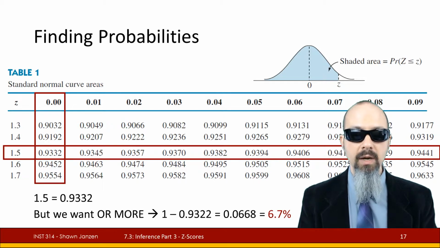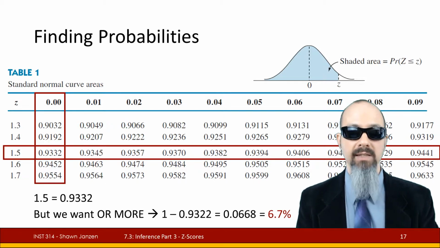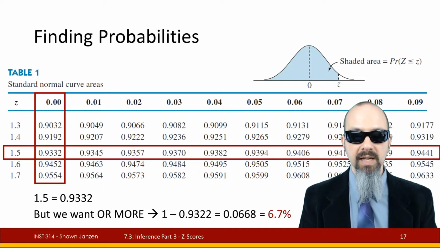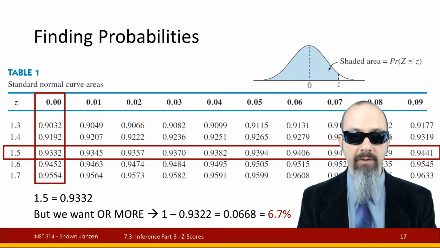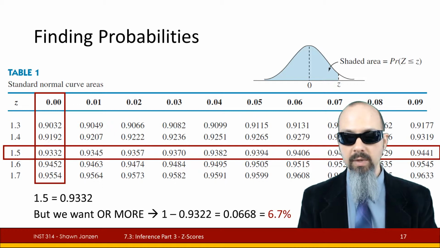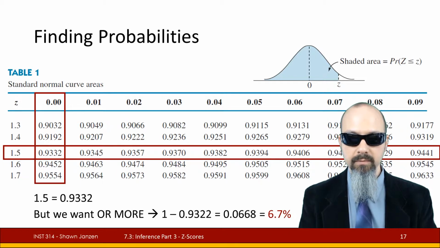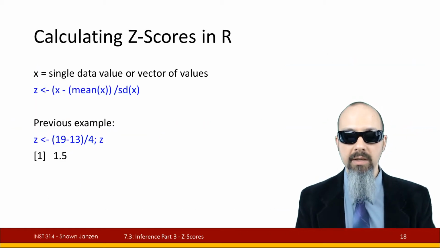So in that case, we want the probability on the right side of the curve that's not under the shaded region in the graphic here. We take 1, which is the maximum value under the curve, minus the probability we found. So 1 minus 0.9332 gives us 0.0668, or approximately 6.7%.